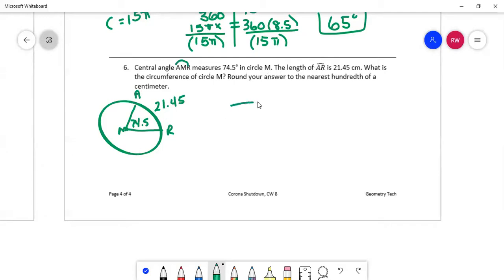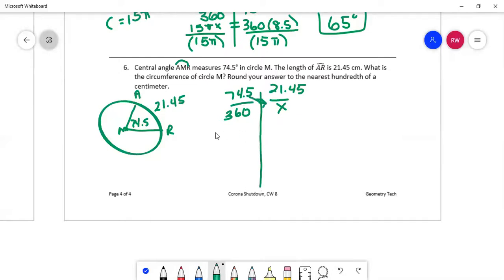Let's set up my proportion. We know what goes down here. Boy, even Lorkowski could tell me what goes down here. 360. My central angle, 74.5, is equal to my arc length, 21.45, over my circumference, x.